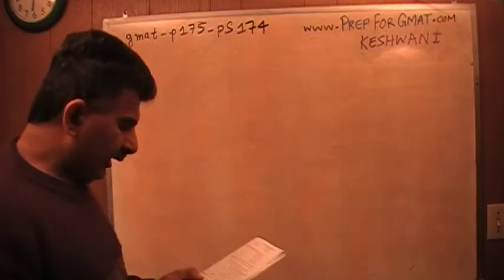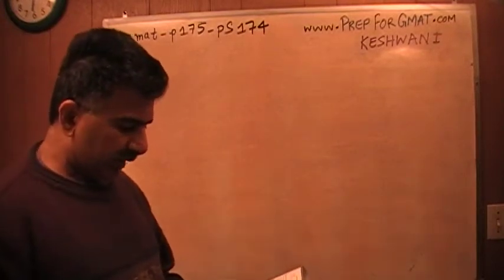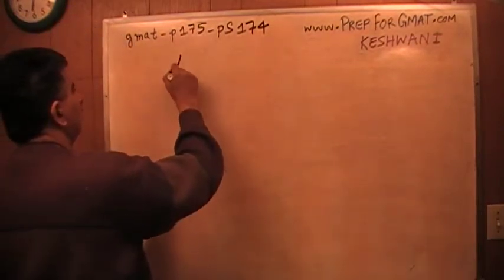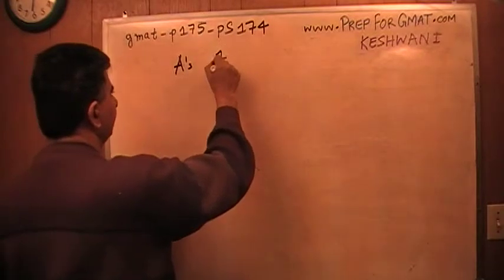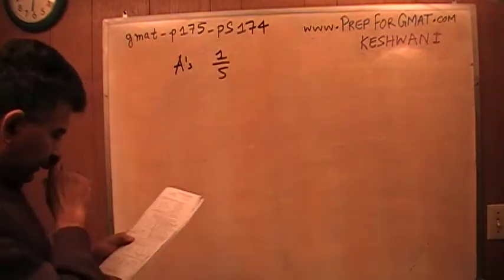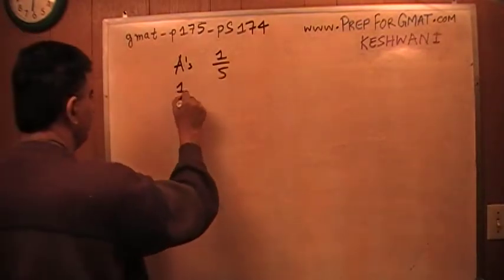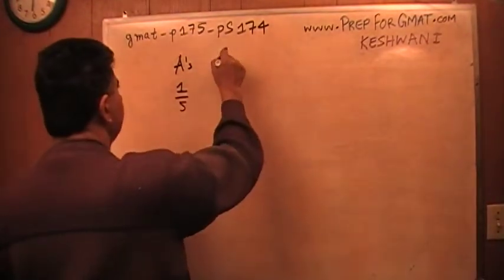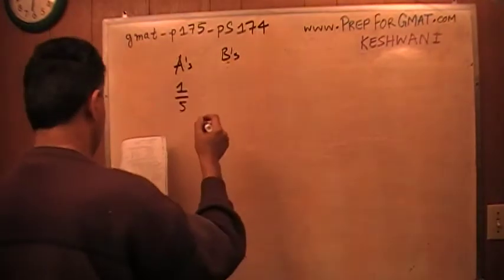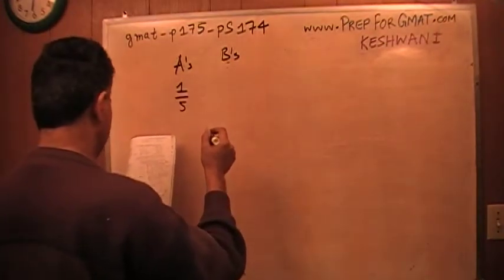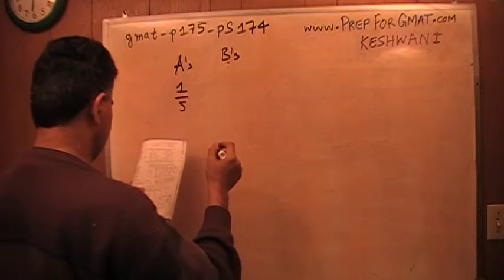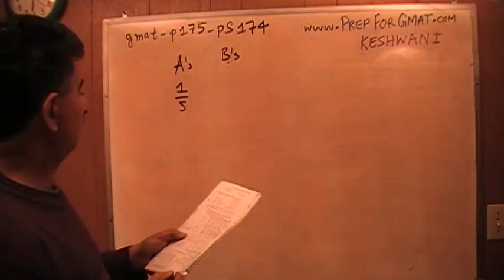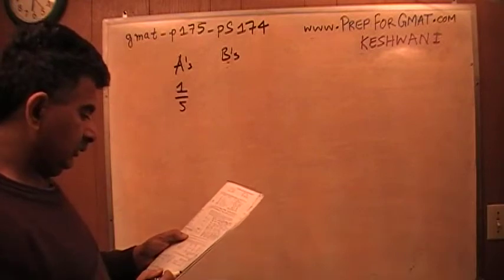It says, on the final grades received by the students in a certain math course, 1/5 were A's. So, A's were 1/5. Let me start again.